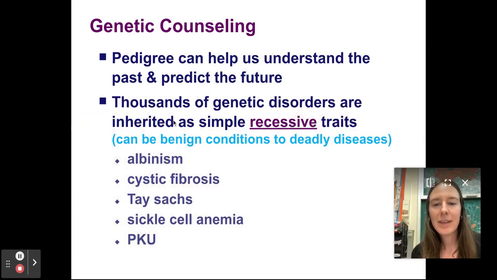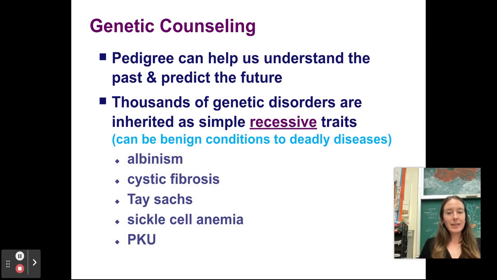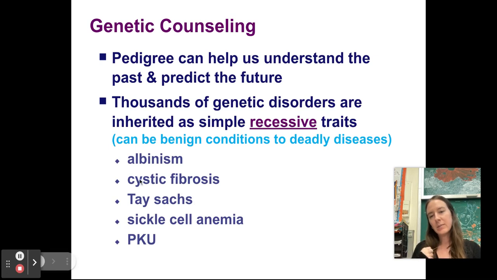Now, there are thousands of genetic disorders, and these are inherited as simple recessive traits. So you actually need to have two recessive alleles to have the trait. Here are some examples. We're going to come back to these as well. That's why they're often more rare, because in order to get two recessive alleles, you have to have both parents that are carriers of the allele, and they both have to give you the recessive allele.